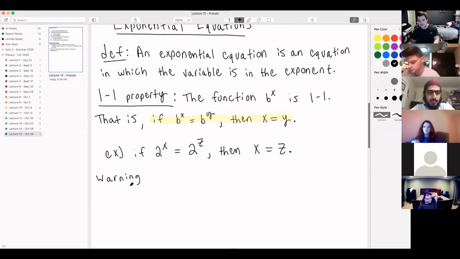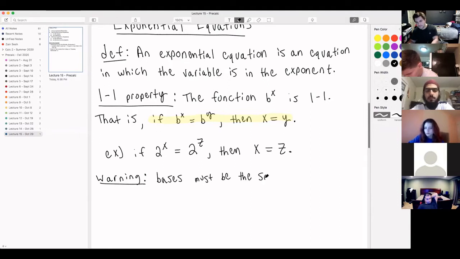The bases have to be the same. So good intuition there. So warning, bases must be the same. All right, so that's the deal. That's just one-to-one. So nothing new here, but we're applying it in the context of the exponential function.